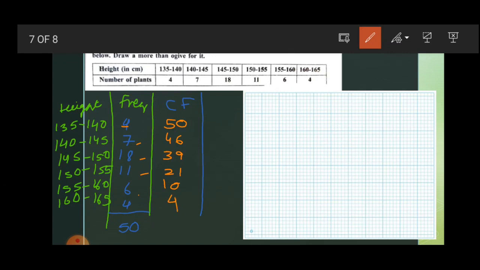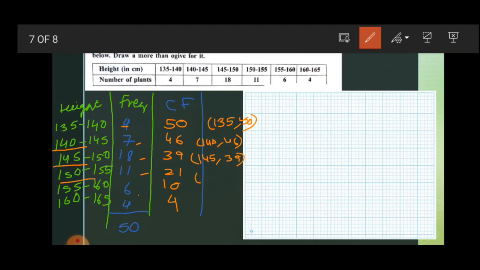Now the points which we plot to draw more than ogive are lower limits and cumulative frequency. Lower limit here is 140, cumulative frequency is 46. Lower limit is 145, CF is 39.